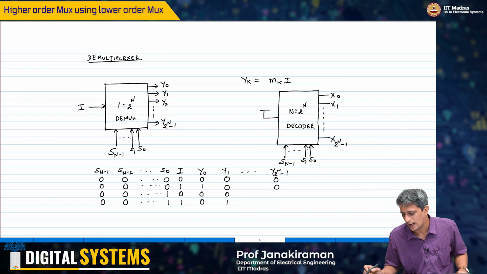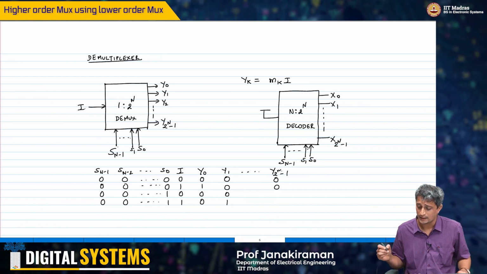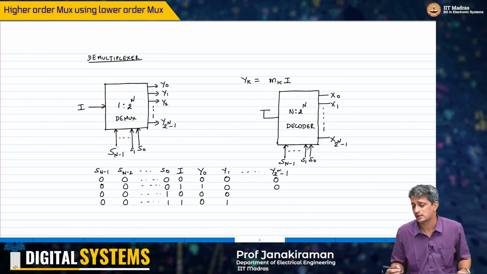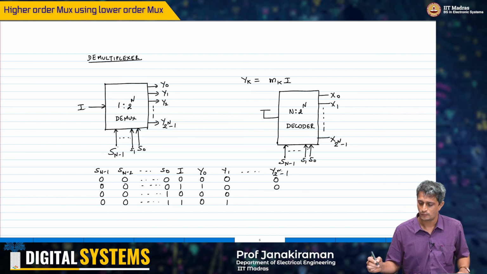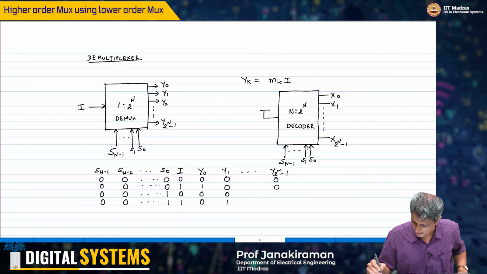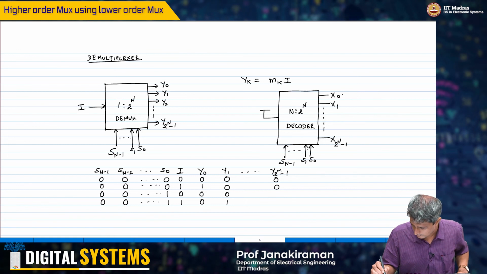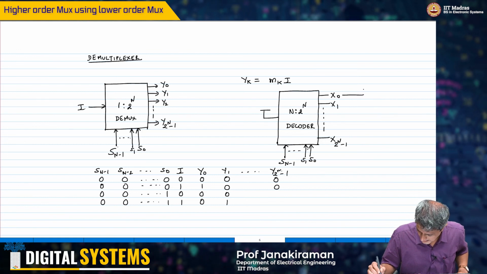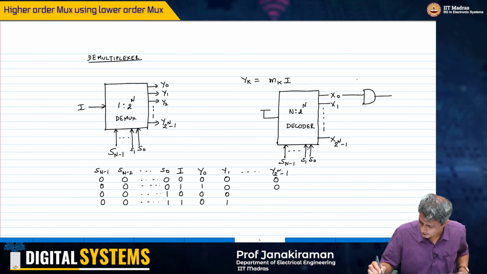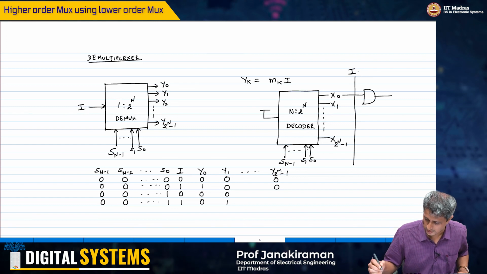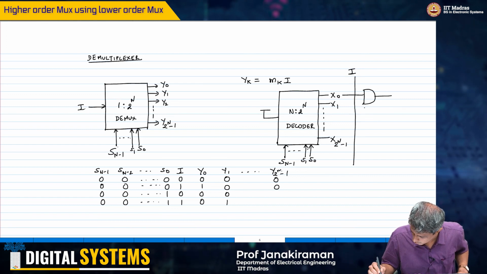Then what I can do is to simply use x0 and AND it. I have the input I, which is common to all these AND gates, and I'm going to AND it.